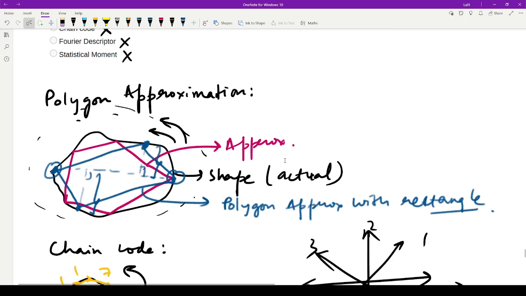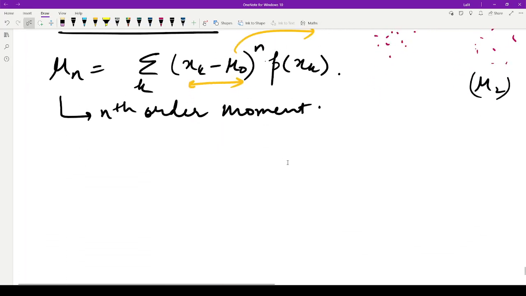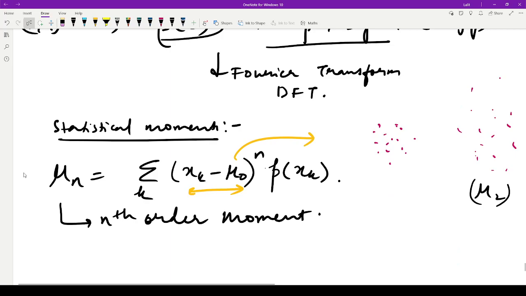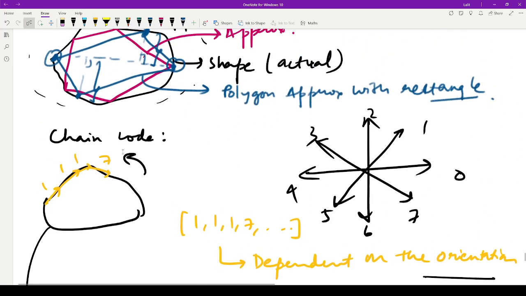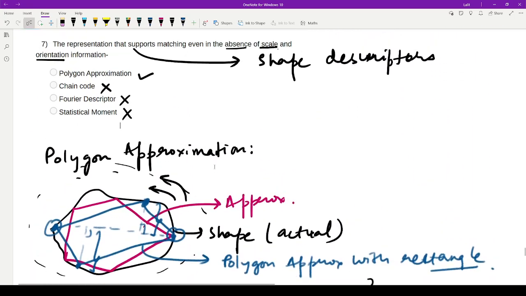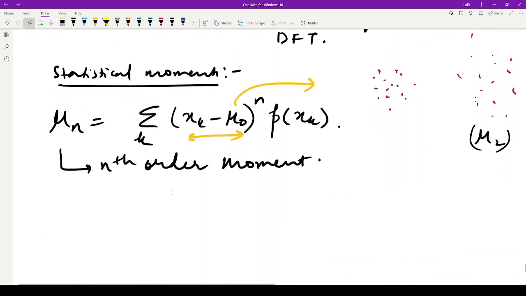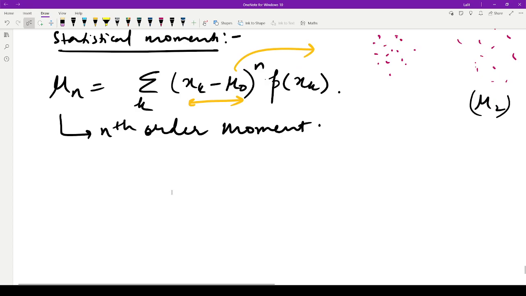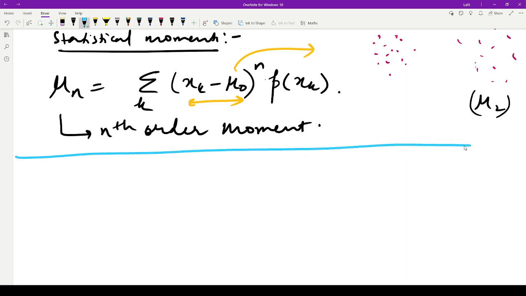So you need to have some information of scale and orientation of the object when you compute features using other descriptors like statistical moments, Fourier descriptor, or chain coding. If you don't have that information, even if you extract features from the objects, you cannot match two different objects and say whether they are same or not. Okay, is this question fine?